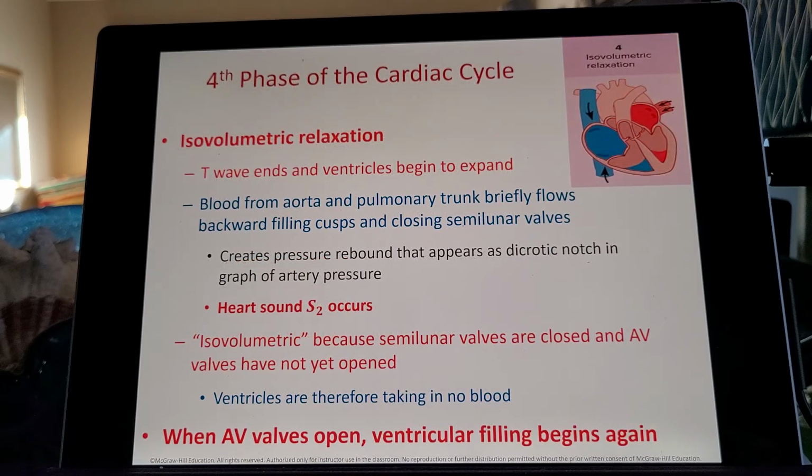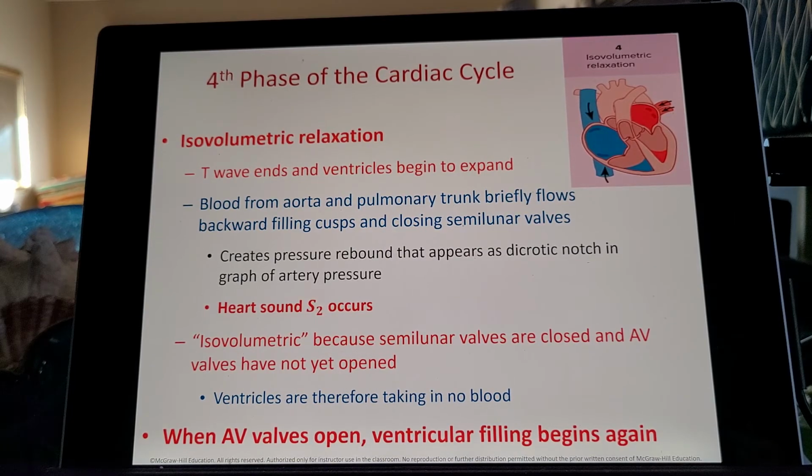And then our fourth phase is finishing off our T wave, our isovolumetric relaxation. No blood is moving, same volume of blood. This is when heart sound 2 occurs. Our semilunar valves have closed to make sure that blood isn't flowing back into our ventricles.